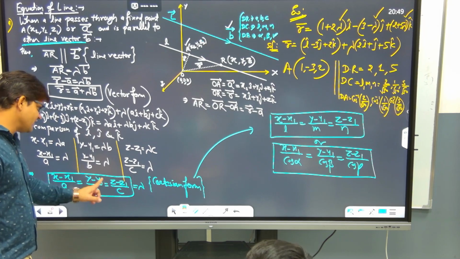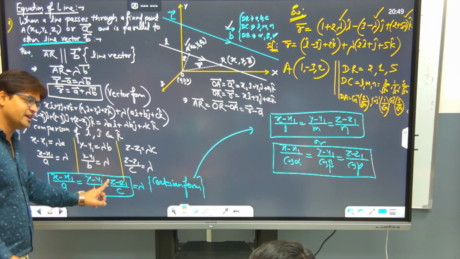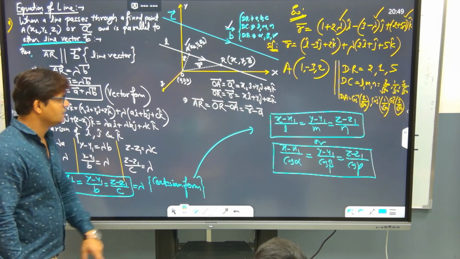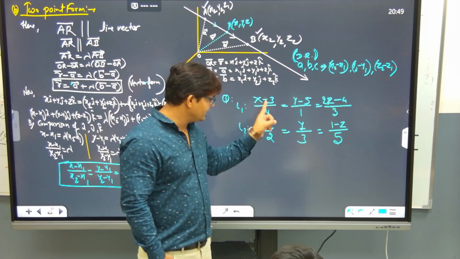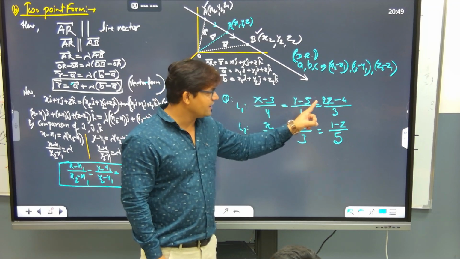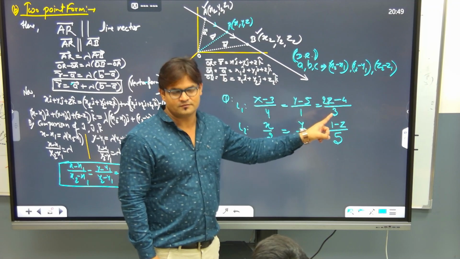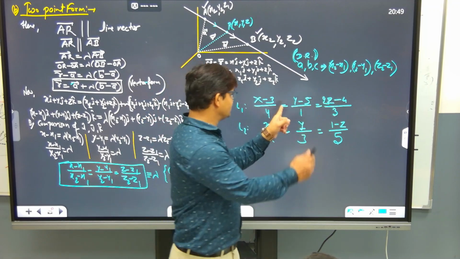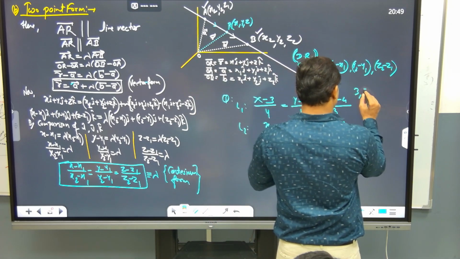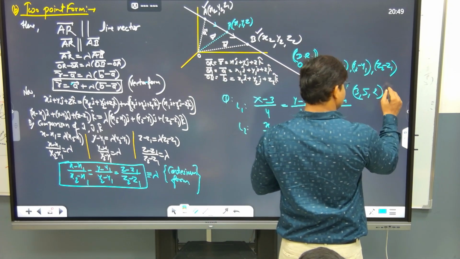So first check the x1, y1, z1 values where x, y and z have plus coefficient 1. Now here this line passes through which point? 3, 5 and this? Not 4. Take 2 common, z minus 2. Clear? So this line passes through 3, 5, 2. That is the fixed point.